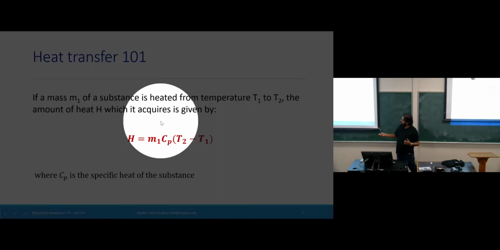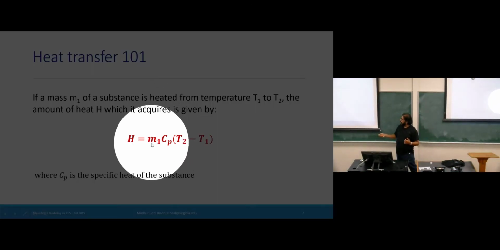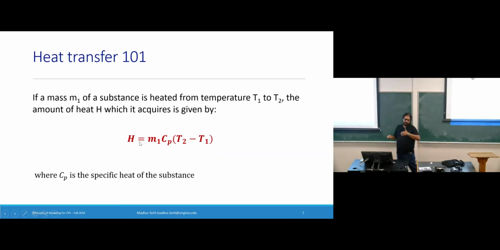So heat energy is equal to mass times specific heat. Essentially, when you multiply mass and specific heat, you are getting the total thermal mass. So it's the total thermal mass times the temperature over which that heat was given into the system or taken out of the system if T2 was less than T1.